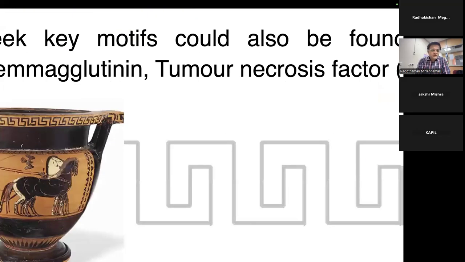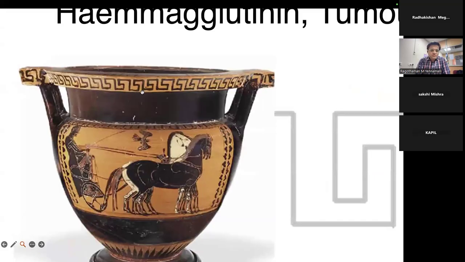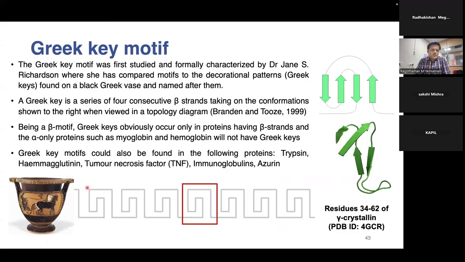Now, what you see here, this is the Greek vase, and you would see that there is this particular line at the rim of this vase that goes like this. This particular motif or the pattern in the pottery of ancient Greek is called Greek key motif. And we see that same pattern in the protein structures. So you can see that it goes like this.